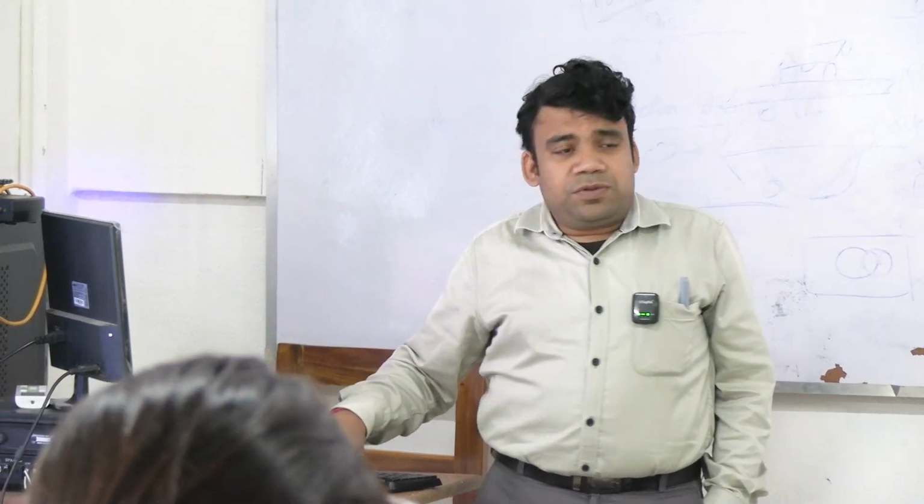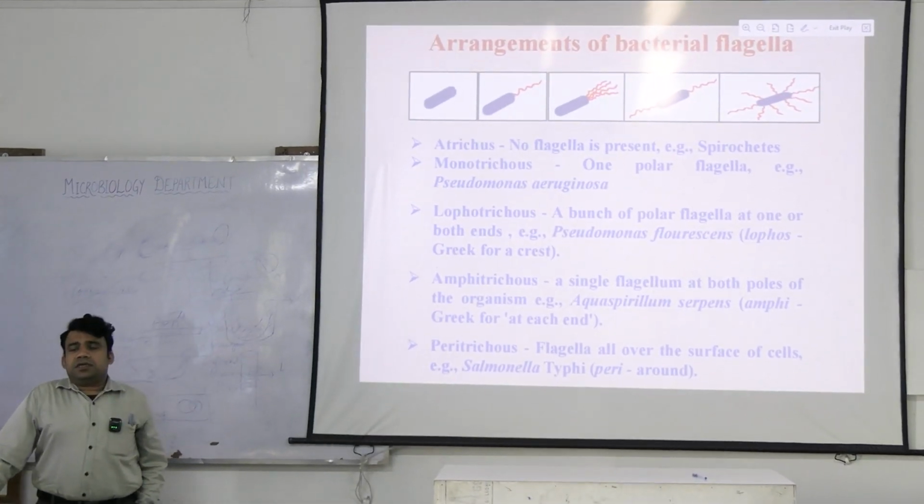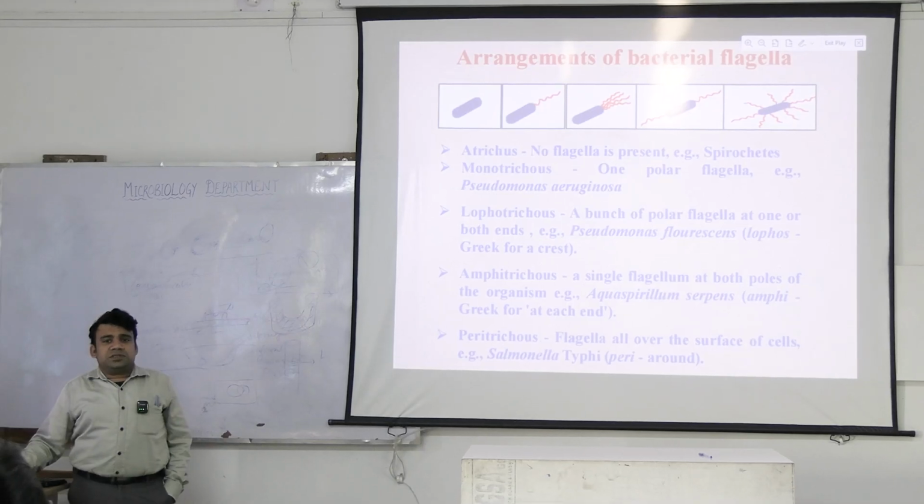Now based on the type of flagella that are present or absent, we can classify bacteria into various types. The first type is called Atrichous, that means a bacterium which doesn't have a flagella.